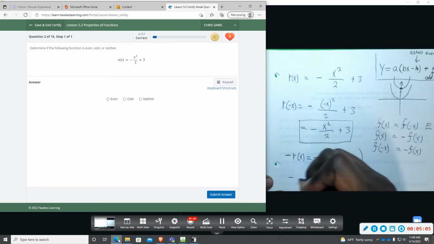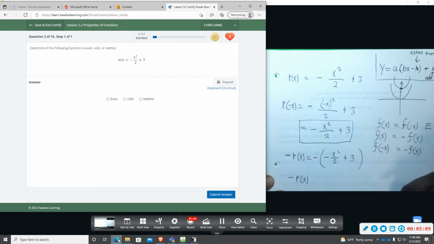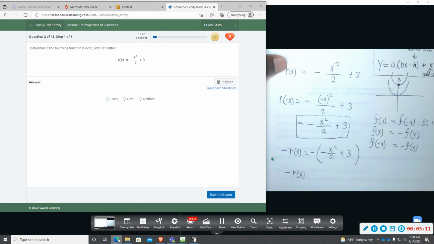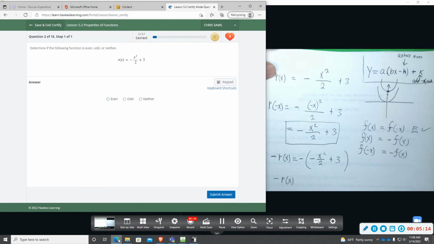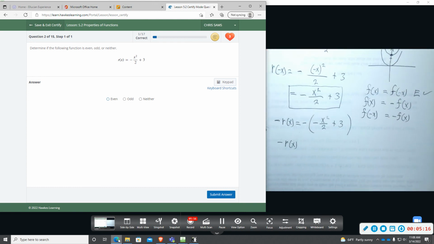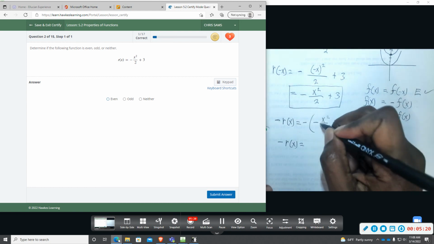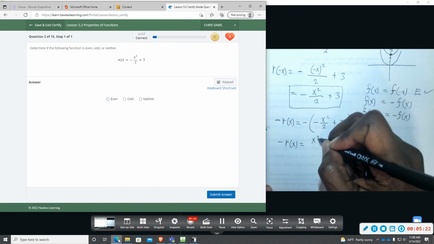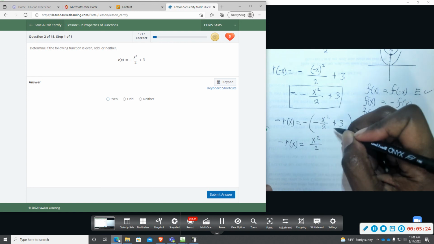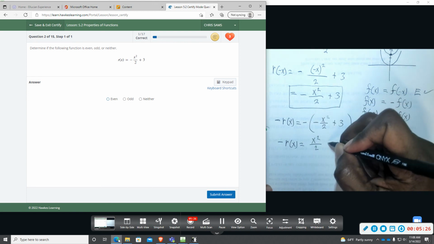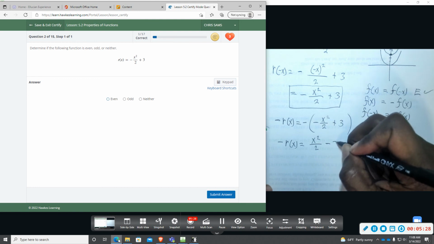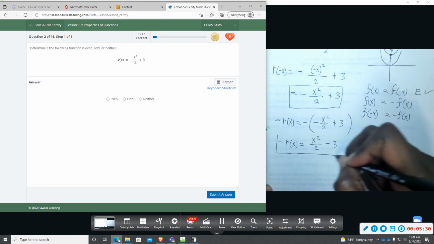So negative r of x: negative times a negative is going to become a positive x squared. And then negative times that is going to become a negative 3. So here's your negative r of x.